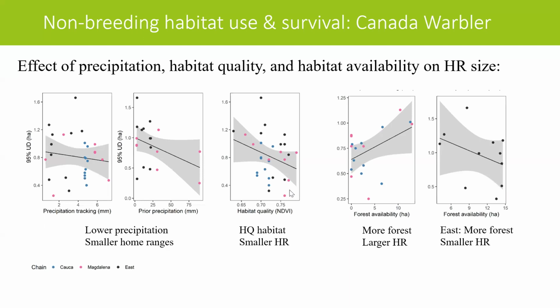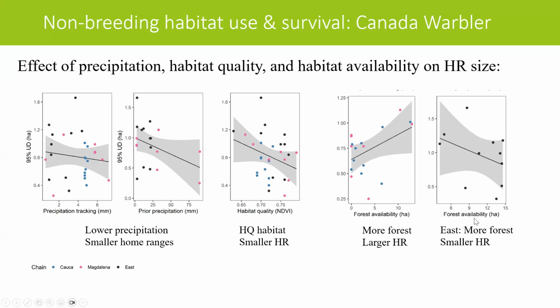We also observed the habitat availability, and we found that this correlation between home range and availability is different depending on the sites. So, for example, here we have the west and the central part of the Andes, which are areas with a high rate of deforestation, and we found that when we have more forest around the home range, then the home range tends to be larger.